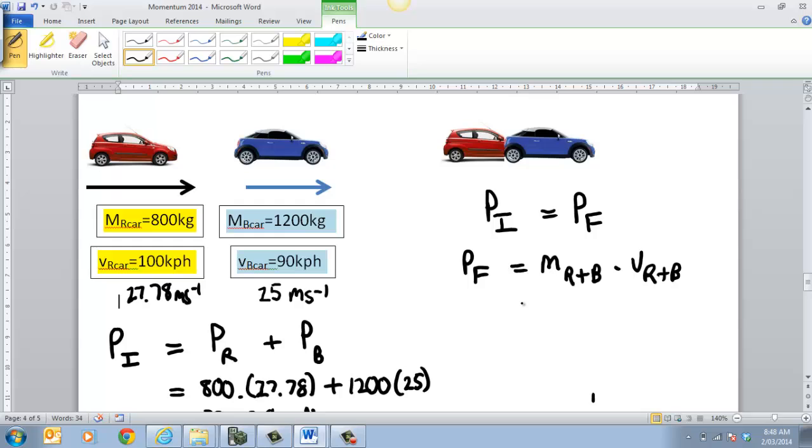In this particular case, this is 52,224, this is going to be 2,000, and that's our velocity of the red plus the blue. So we're going to simply divide that by that.